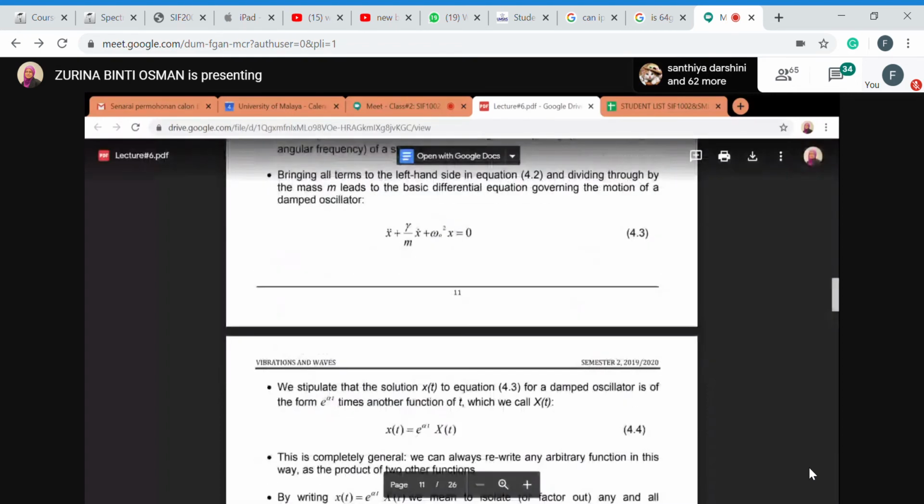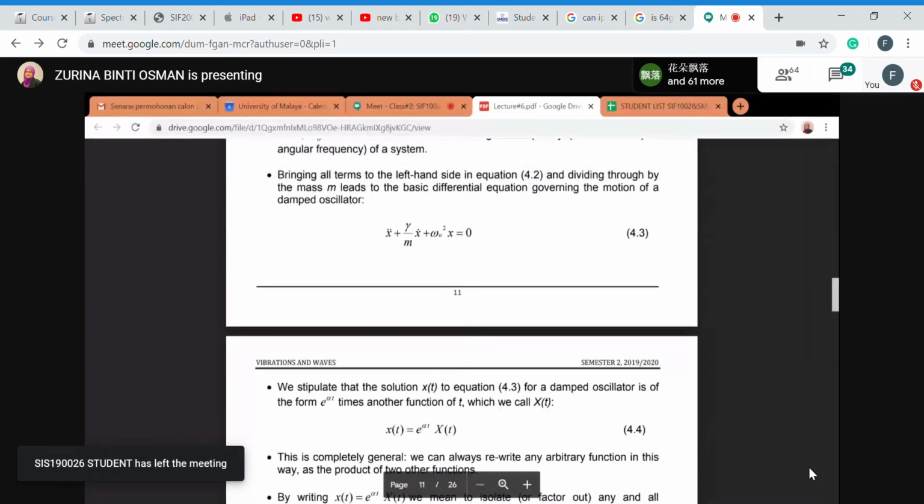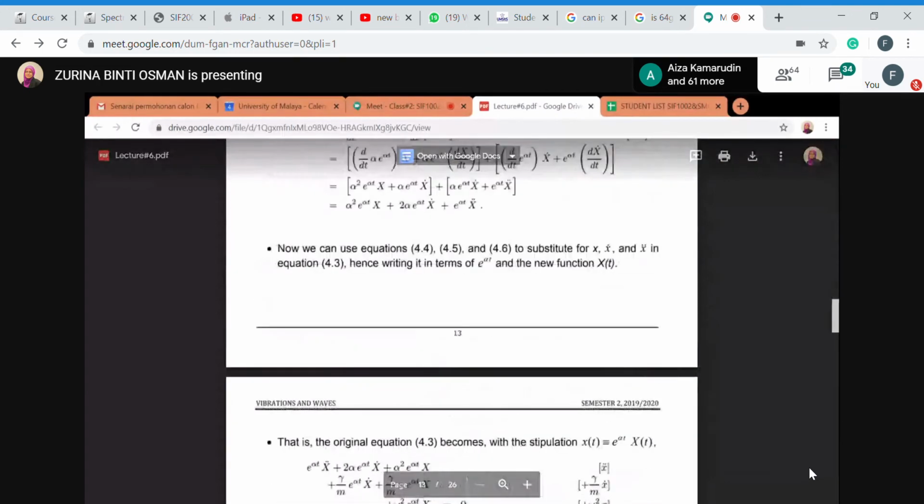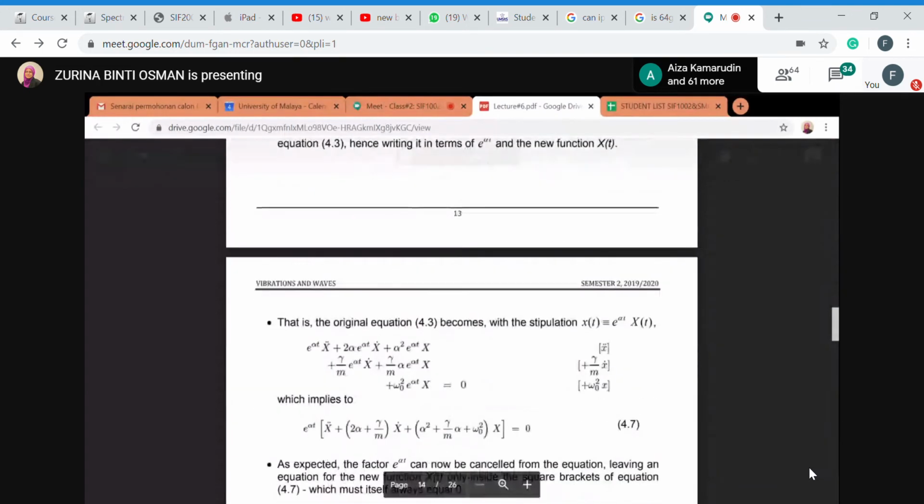We want to find the solution for this, and we stipulate the solution as this. What we're going to do is that we already found what is x(t), what is x dot, and what is x double dot here. After you have that, we have to substitute back into that equation.